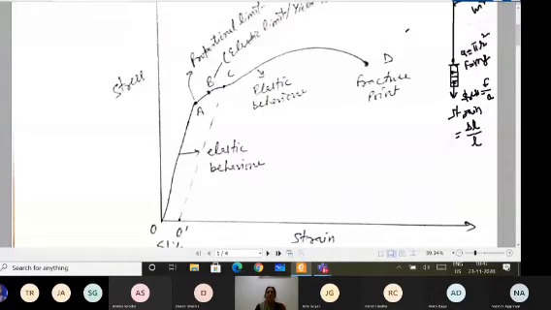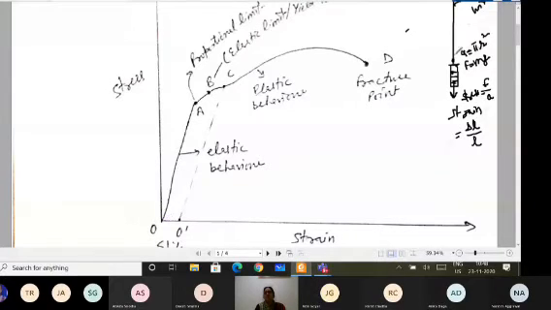We also call it the yield point, because if I go just a little beyond B, that is, if I apply stress beyond B, then what happens? If I unload the wire, it is not able to regain its original configuration. Suppose at this point C I remove the weights applied, then there is a permanent increase in the length of the wire.